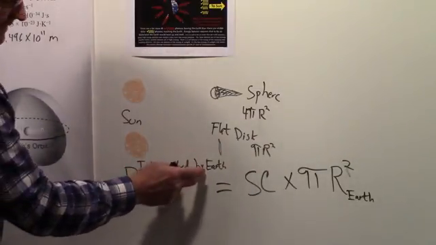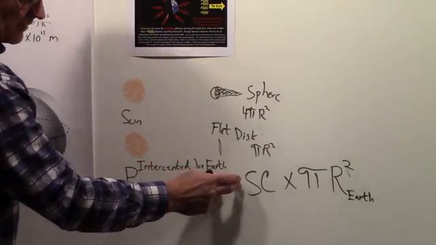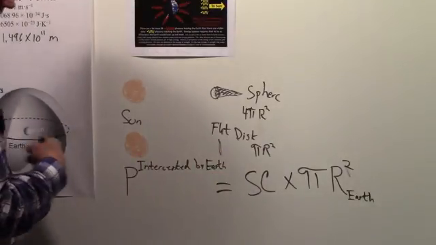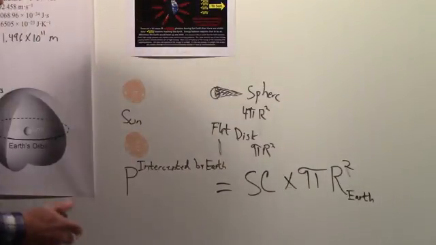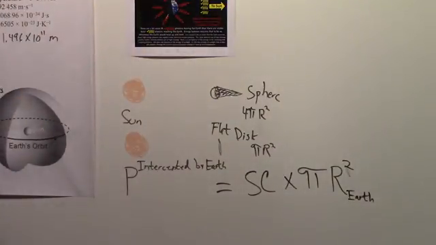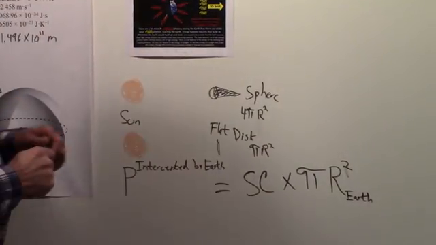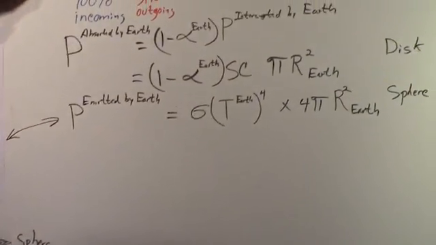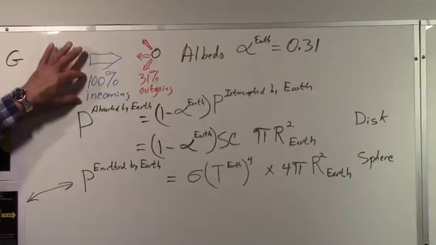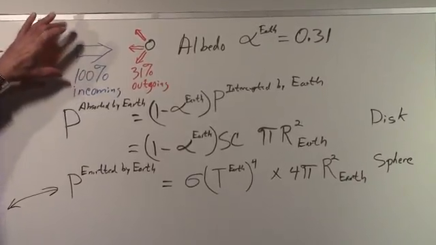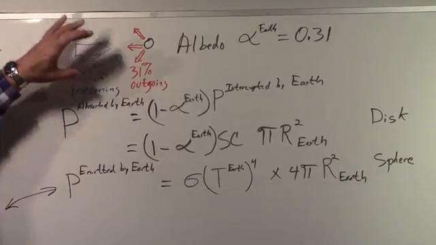So the power intercepted by the earth is going to be the solar constant that we talked about over here times pi times the radius of the earth squared. The next thing we have to consider is shown over here. Here's the sun, and we have 100% of the incoming visible light from the sun coming to the earth.